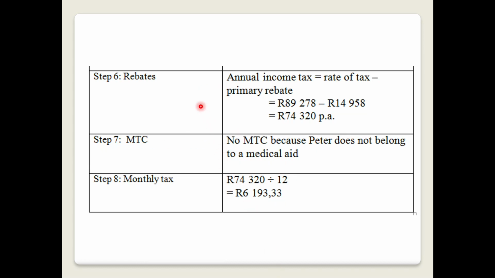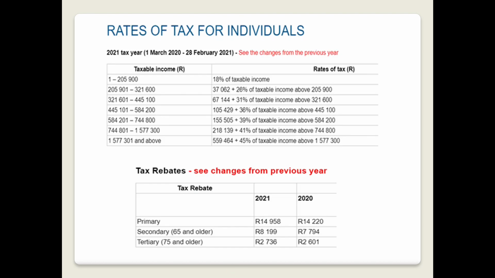Now the next step is to deduct the rebates. Now, this is the annual tax that he needs to pay minus the primary. Why only primary? Because Peter is only 37 years old. Therefore, according to the tax tables, I just want to go back to that.